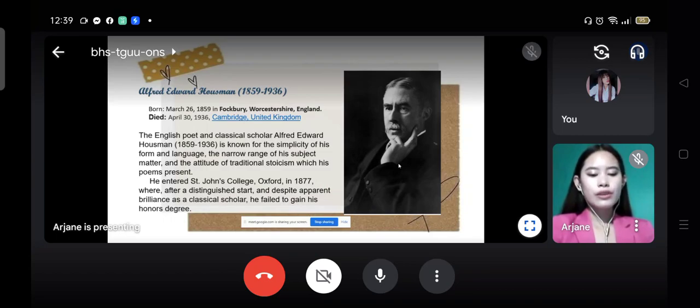Housman was the eldest of seven siblings, therefore he was the leader. He entered St. John's College, Oxford in 1877, where he distinguished himself, but despite his apparent brilliance as a classical scholar, he failed his honors degree.